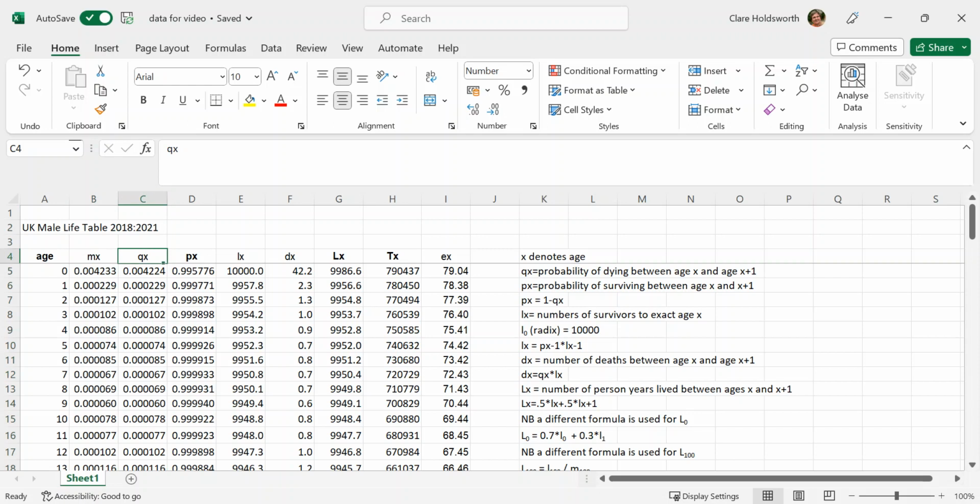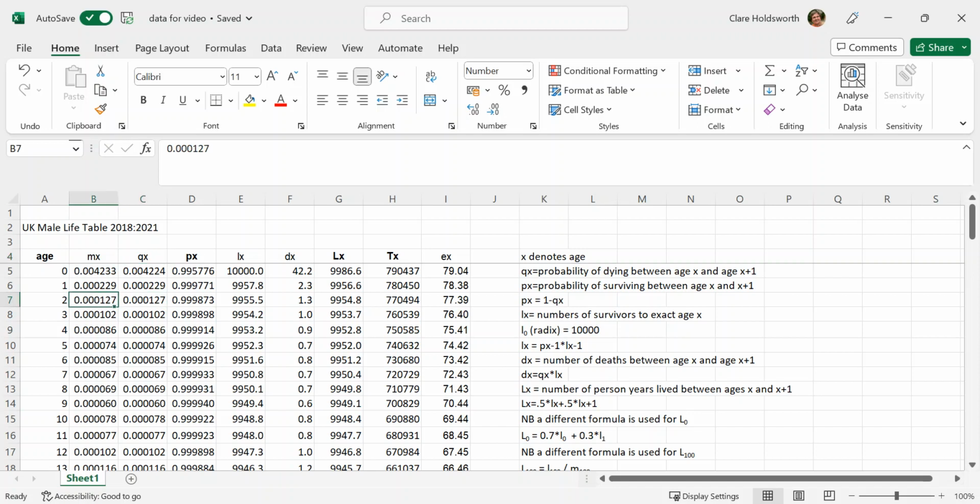Well, it's simply the difference between a rate and a probability, and the difference is in the denominator. I don't want to confuse you by going into too much detail, so I'll explain it briefly, but don't worry if you don't understand it completely. To calculate a rate, we take the denominator as the mid-year population. To calculate a probability, we take the denominator as everyone who is alive at the beginning of the age group.